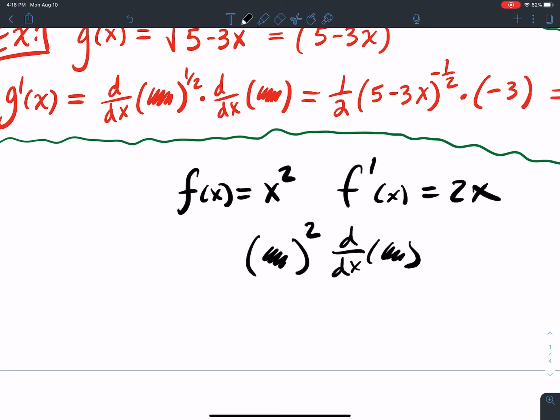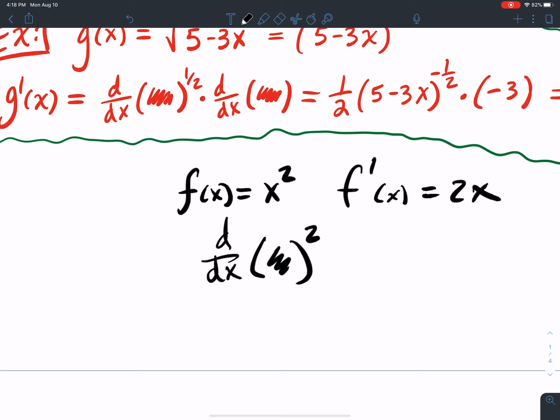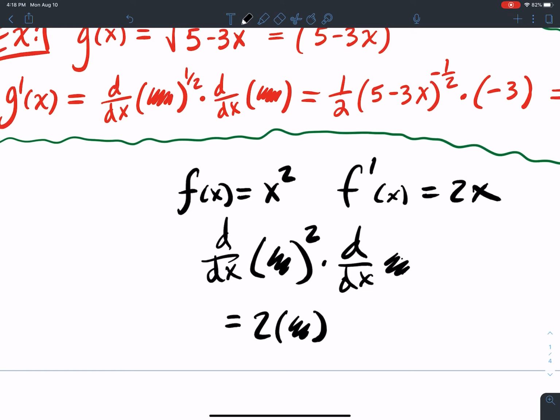So how do I take the derivative of something squared? The derivative of that is equal to what? Well, the derivative of something squared is equal to 2 times something. The derivative of the something, well, what is my something here? My something is just x, right?